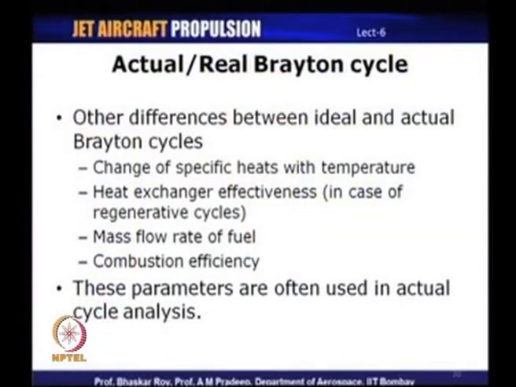And also the efficiency of the combustion process itself, given by the combustion efficiency, is yet another parameter that is sometimes used. So, some of these parameters which also show the deviation of actual cycles from the ideal cycles are sometimes used in the actual or real cycle analysis.